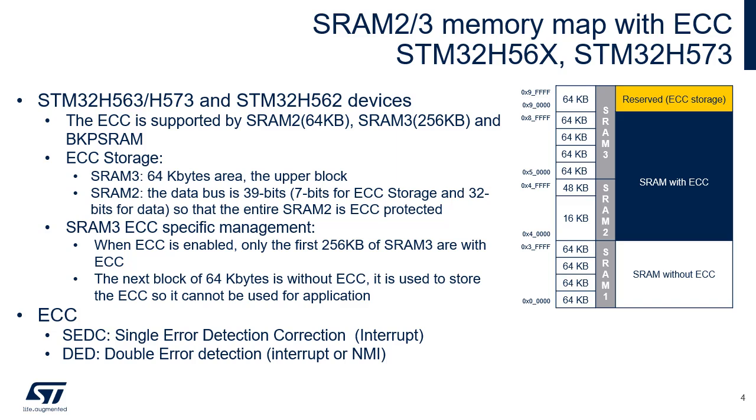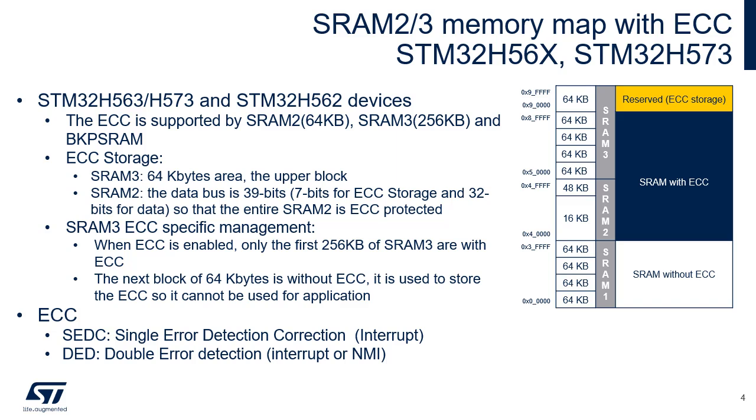Regarding SRAM3, the ECC codes are stored in a dedicated part of the SRAM, the upper 64 kilobyte part of SRAM3. This area shall not be used by applications. Regarding SRAM2, the information is stored in 39-bit wide words, 32-bit data plus 7-bit ECC. Consequently, the entire SRAM2 is ECC protected.